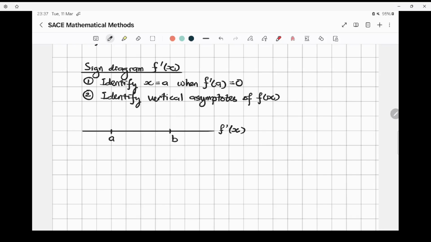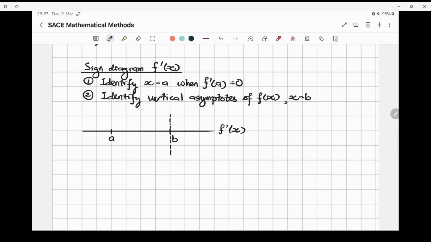Okay, let's say this is 0, then you just label like this. Let's say you have a vertical asymptote here, then you draw a dotted line. So for instance, the vertical asymptote of f x, I write it as x equals b. So that will be your vertical asymptote. So you draw it like that.